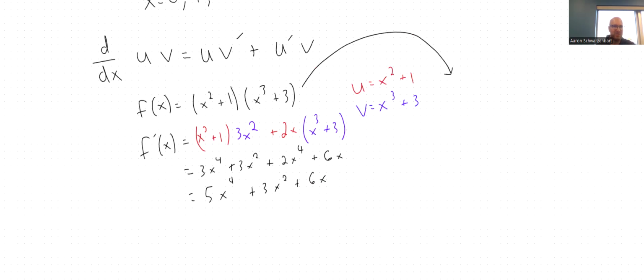So I want you guys to practice doing it this way because you need practice with this rule to be able to make it work. I could, however, FOIL it out and take the derivative.